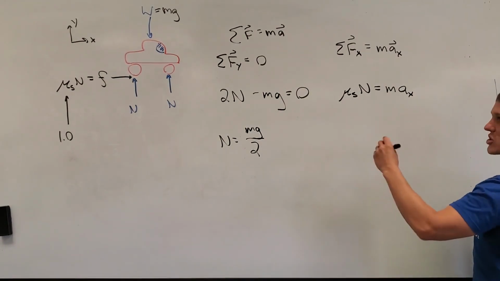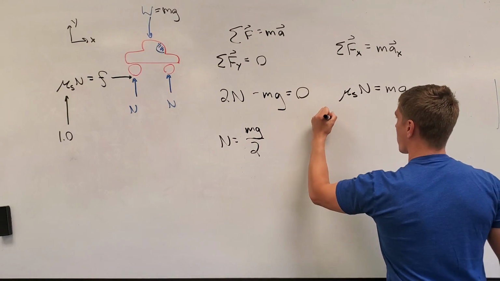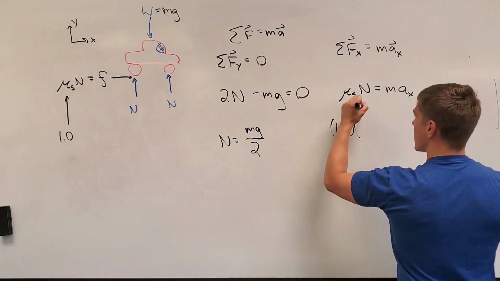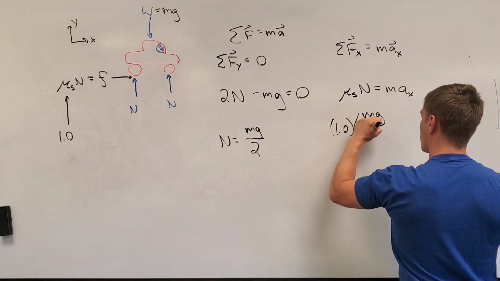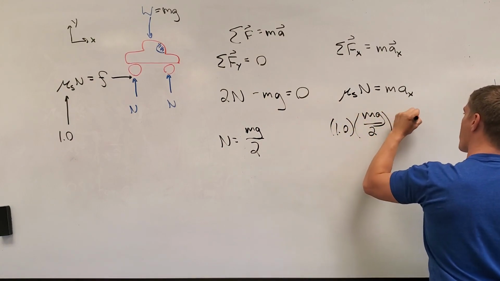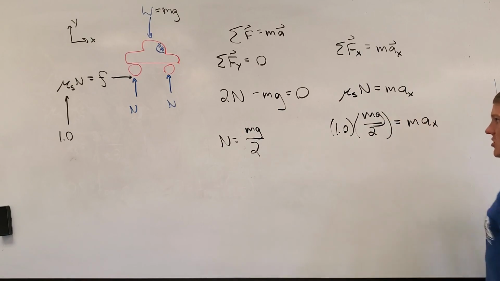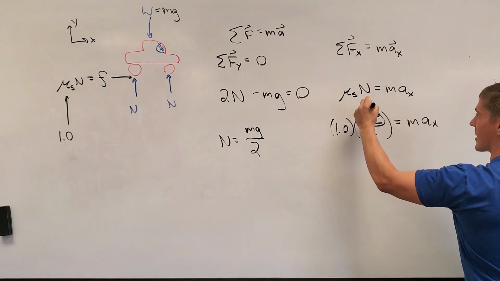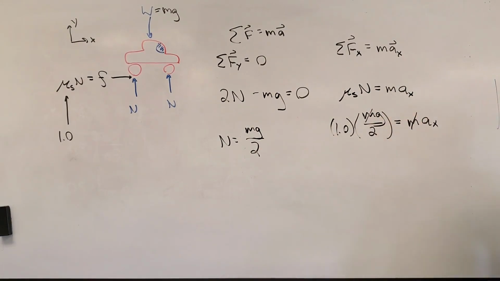I know what my coefficient of static friction is, it is 1.0. We just found that normal force is going to be mg over 2. It's going to be equal to our mass times our acceleration in the x direction. And now we see that the mass of the car is no longer important because mass is on both sides of the equation, so it cancels out.